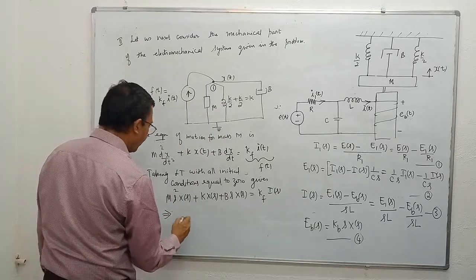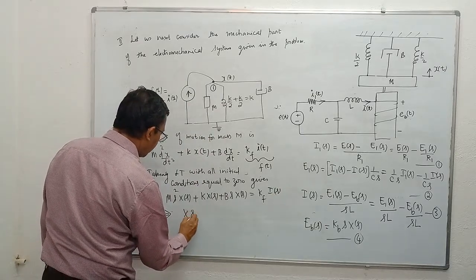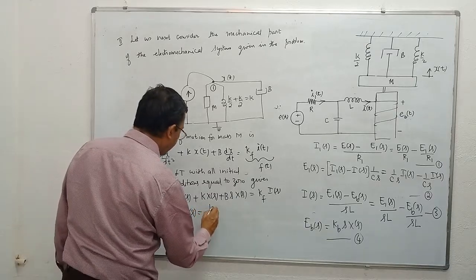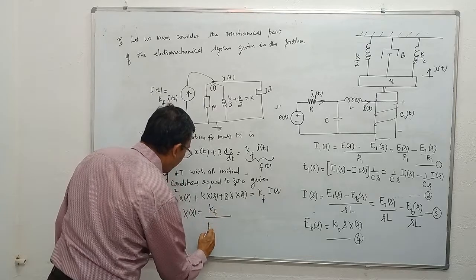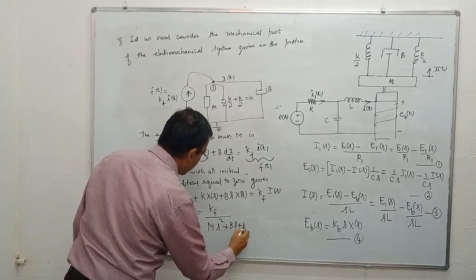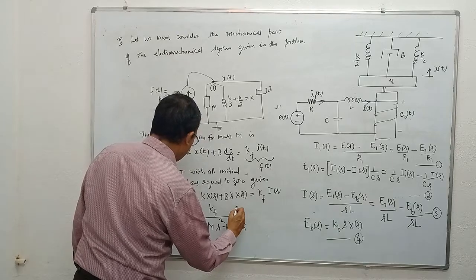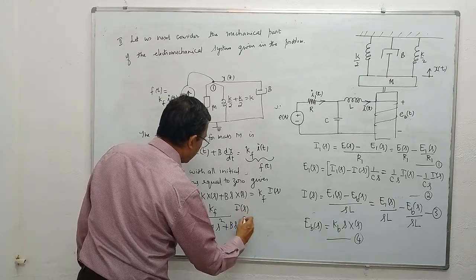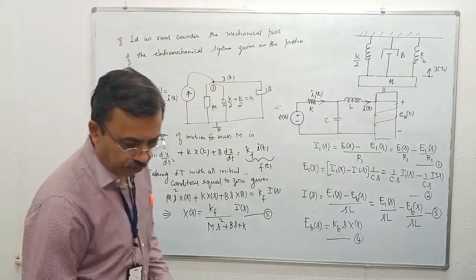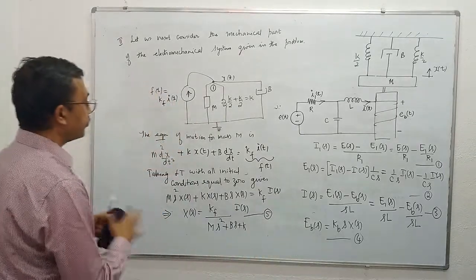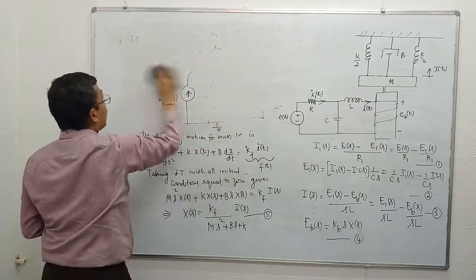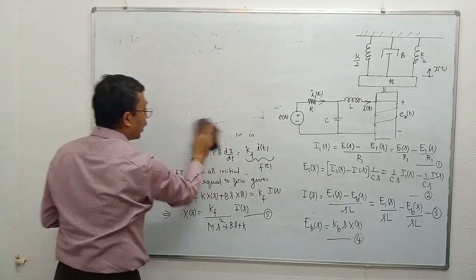This implies x of s is equal to kf divided by ms square plus bs plus k into I of s. This is equation number 5. Using equations 1 through 5, we shall draw the signal flow graph.